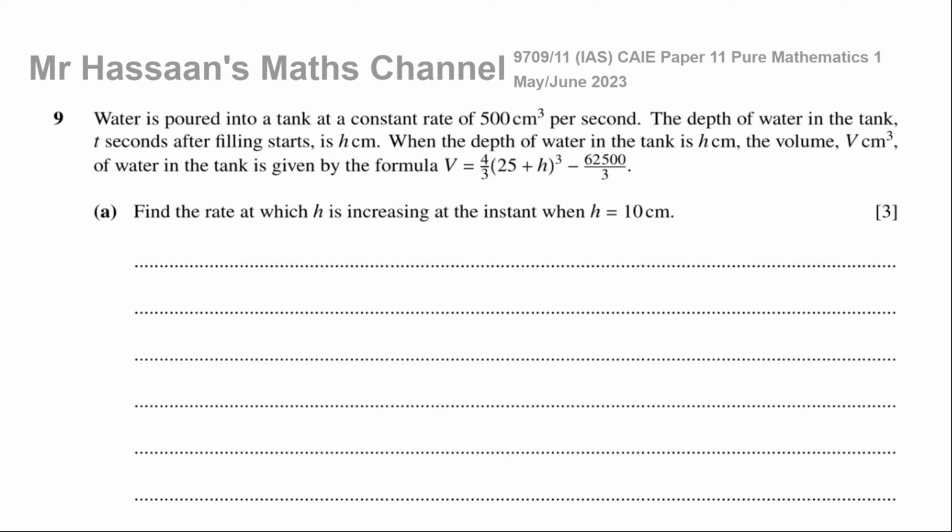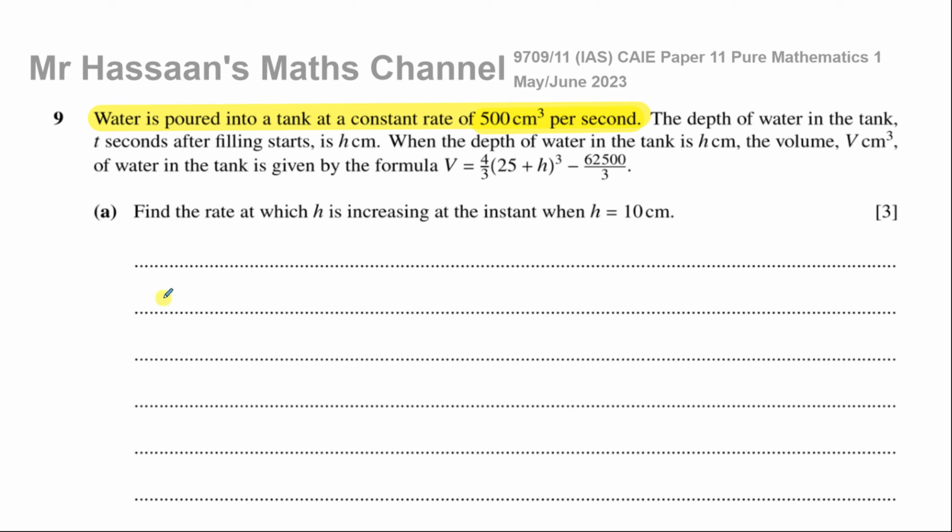So basically, they've given us a typical type of problem here involving rates of change. They have told us that water is being poured into the tank at a constant rate of 500 centimeters cubed per second. That is the rate of increase of volume in the tank.